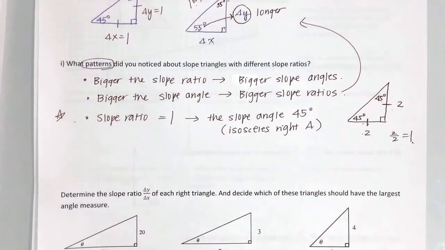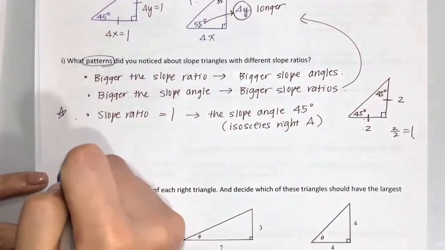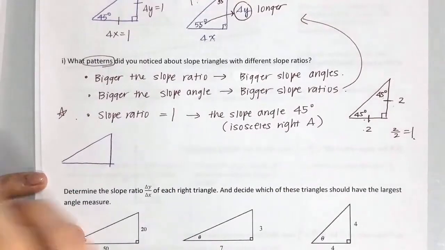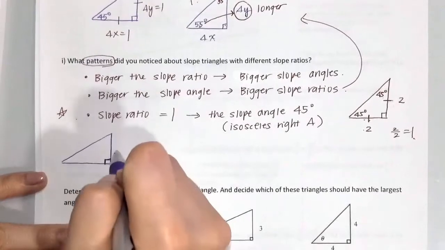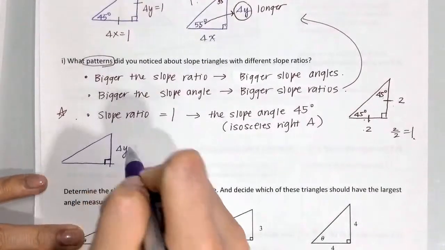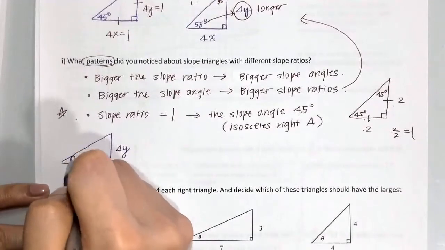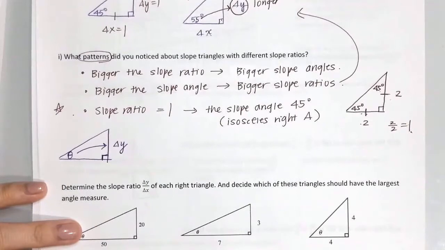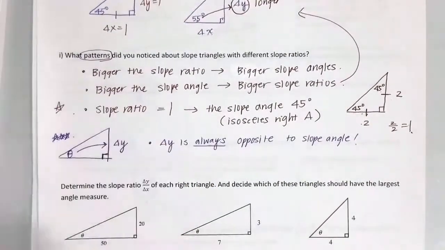Now the next two, these are the most important ones. Have you noticed that whenever we're drawing a slope triangle, this is always going to be a right triangle, and the delta y, the vertical length, is always opposite to the slope angle. Have you noticed that? And I'm going to put 3 stars on this.